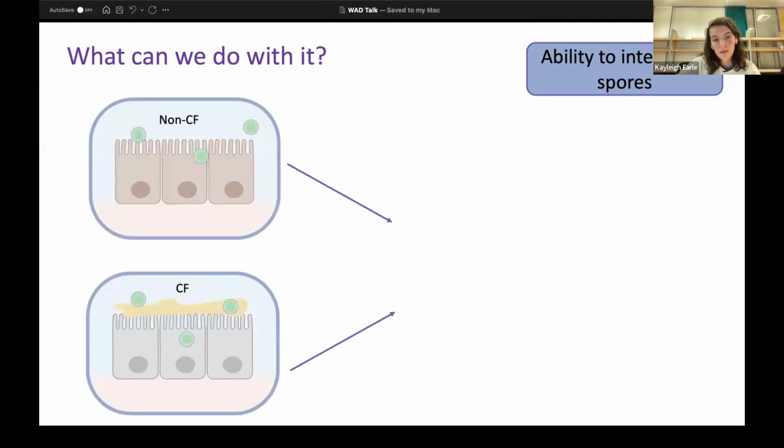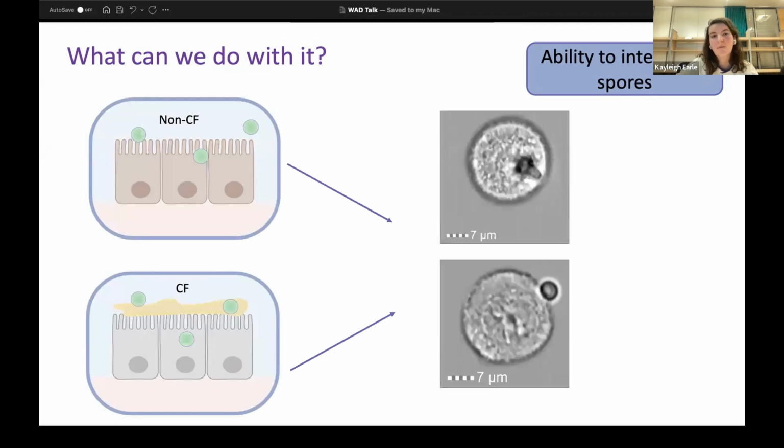So again, we've taken our two cells and we've added Aspergillus, and we've used a machine called a flow cytometer, which basically allows us to image the epithelial cells, which you can see here, and see the Aspergillus inside of the cells. And from this, we've been able to compare the ability of the cystic fibrosis and non-cystic fibrosis cells to internalize the spores.